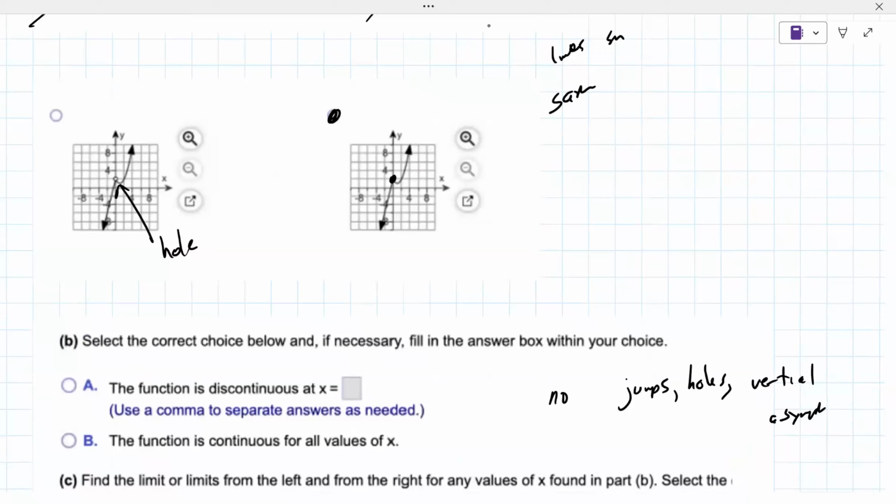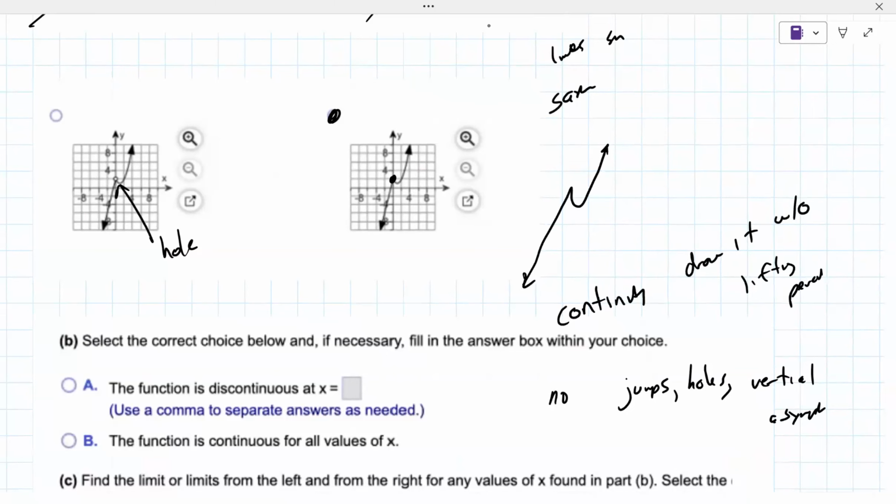Those are its continuous points. Like think of, you probably heard this in a previous math class, that if you can draw it without lifting up your pencil, which is the case, you go up like that. That's good. That means it's continuous.